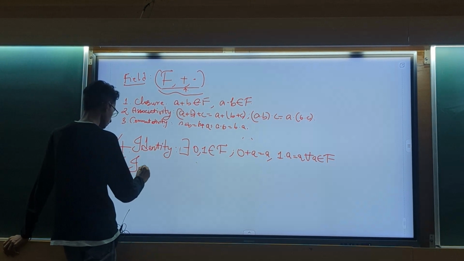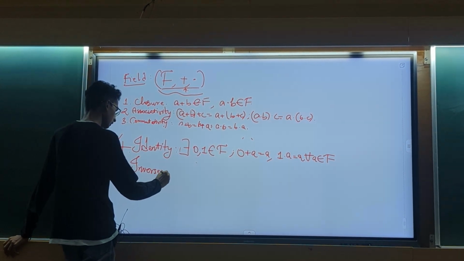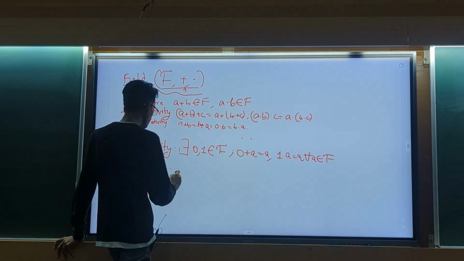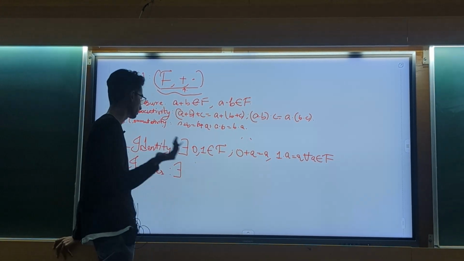Fifth property is inverse. So basically you should be able to subtract and you should be able to divide everything except 0.